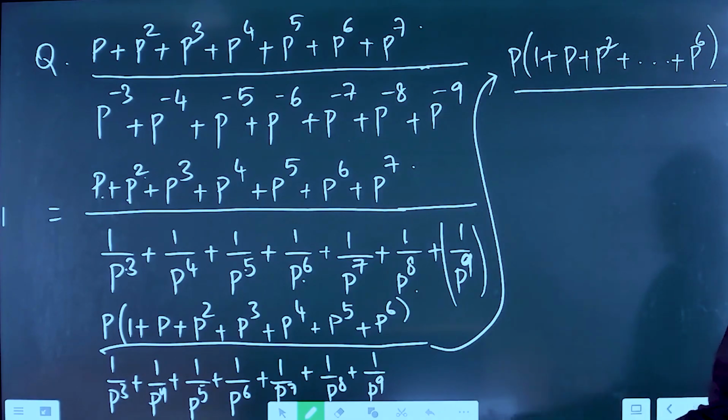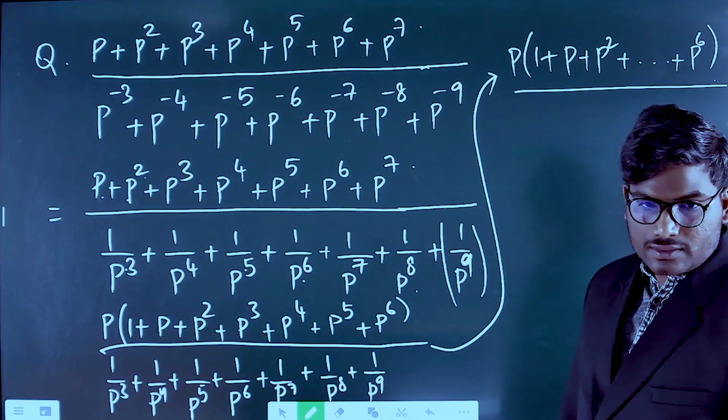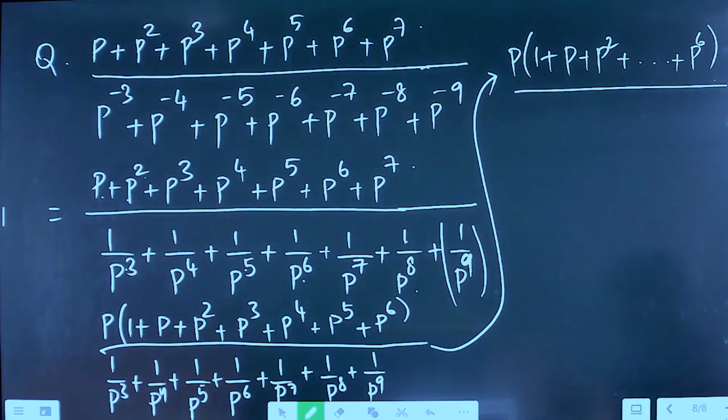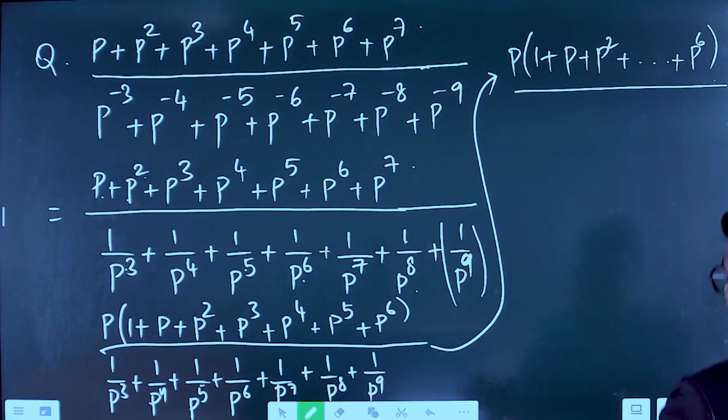since the biggest power that exists in the denominator is p power 9, let's convert everything to p power 9.